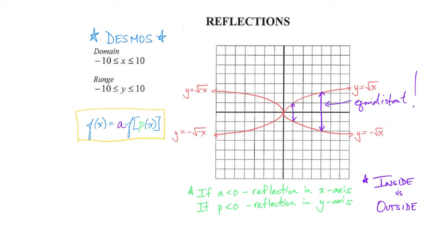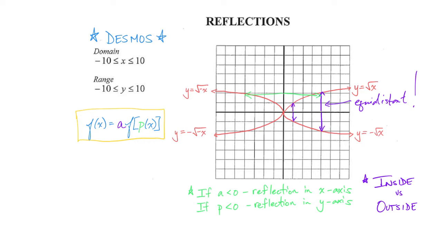Okay, if we now focus in on the inside, my p-value, inside means horizontal. So if I reflect my graph horizontally, then I need to take a point that was somewhere to the right and reflect it somewhere to the left, equidistant on the other side.